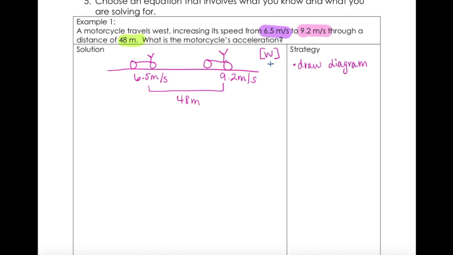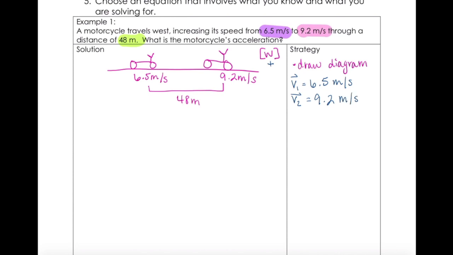All right, so step number 2, we're going to write out the values that we know. So our initial velocity is 6.5 meters per second. Our ending velocity is 9.2 meters per second.